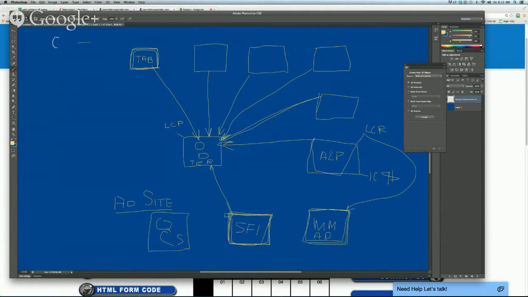Now, the next 5 sites have lead capture pages. What I suggest you do is not advertise all 5 of these at once. Pick one of them out, advertise it for a few days, make note of your results, and then go to the next one, and then the next one, and the next one.